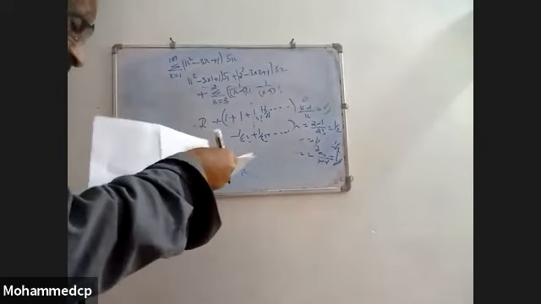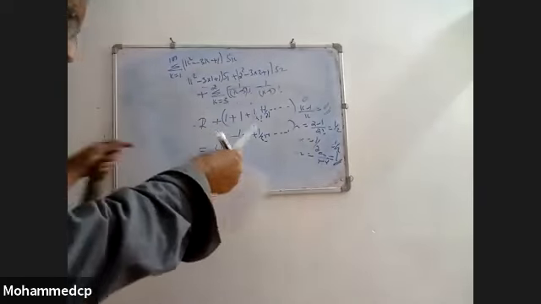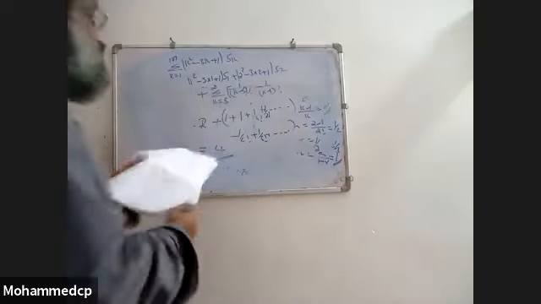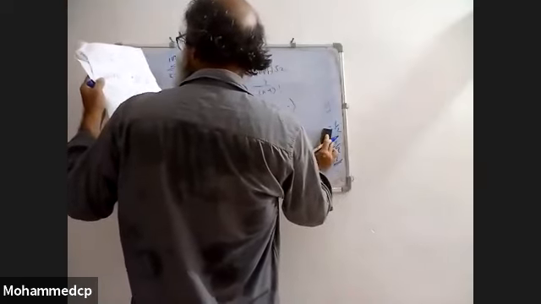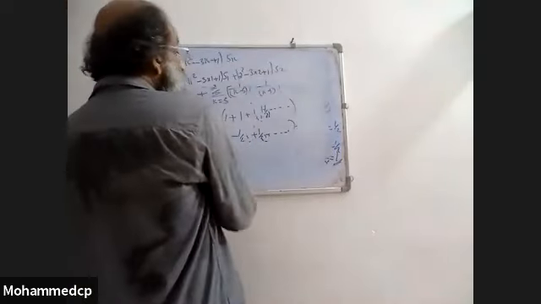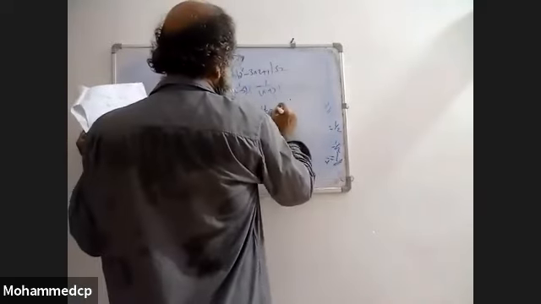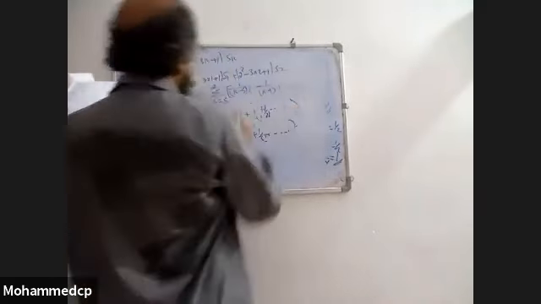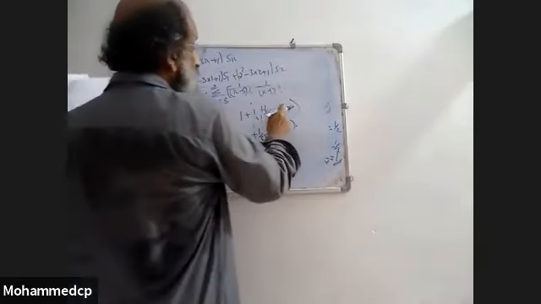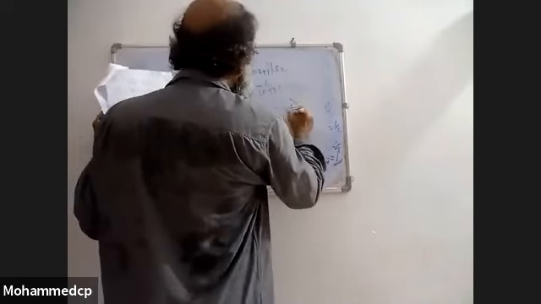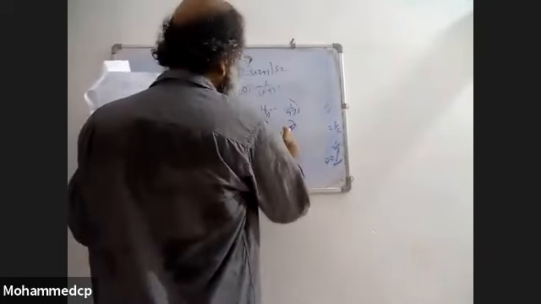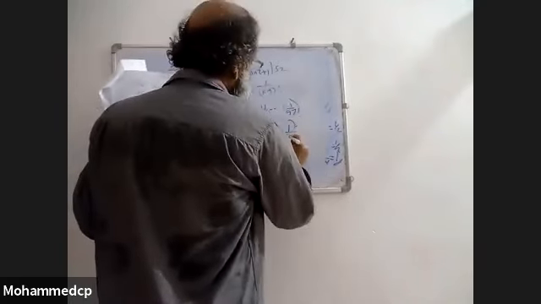Therefore, we have the term 4, 1 plus 1 by 4, and lastly 1 by (k minus 3) factorial, that is 1 by 97 factorial, and the last term 1 by 99 factorial.